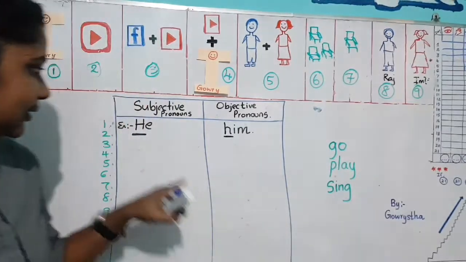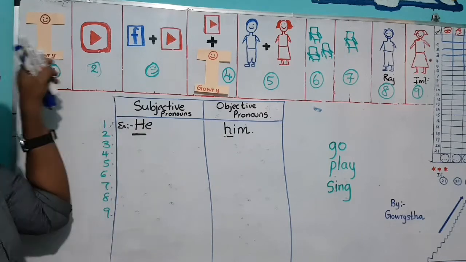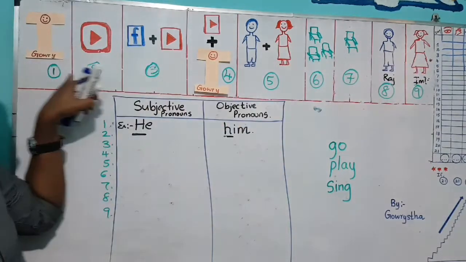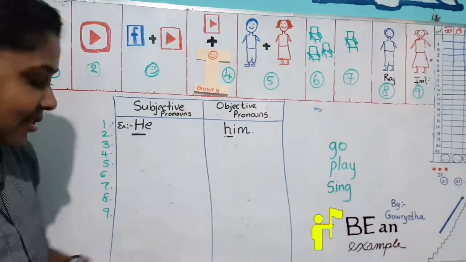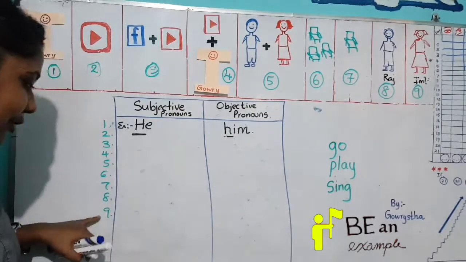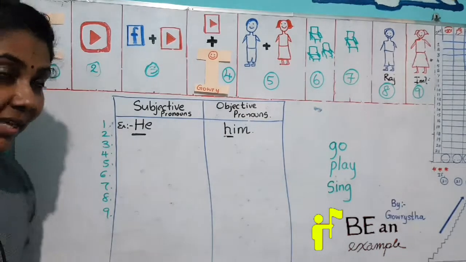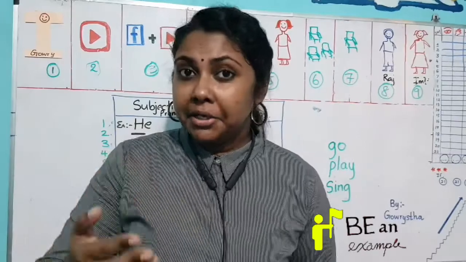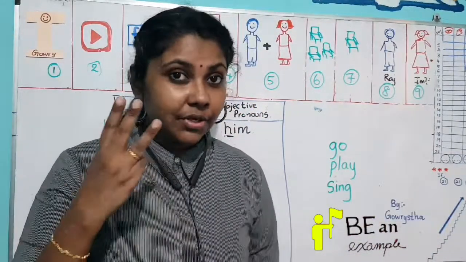Fill the table. Okay. How many? How many boxes? 9. Good. 9. Fill it. And I give you 3 verbs. Okay. 3.